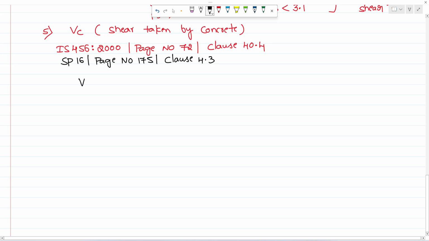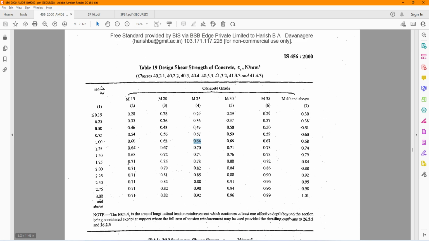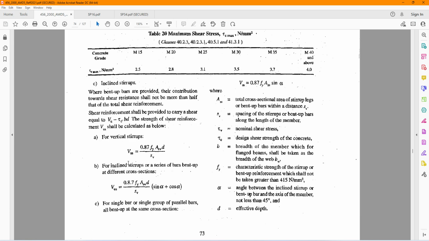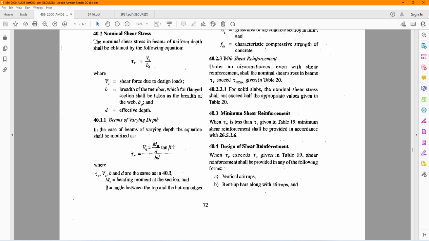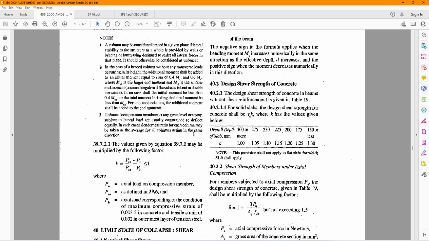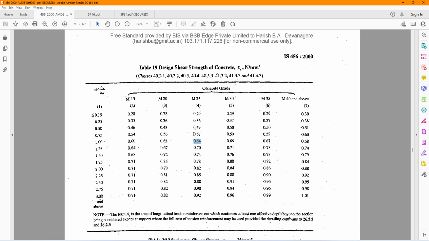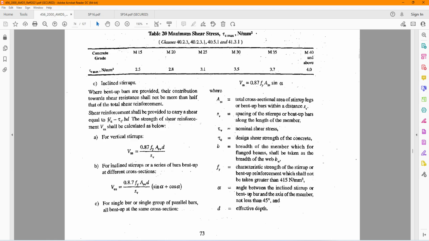For VC, we have the formula. Let me open IS 456 first. On page number 72, yes, it is tau C BD.